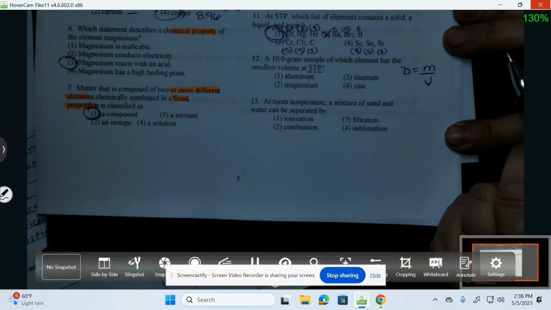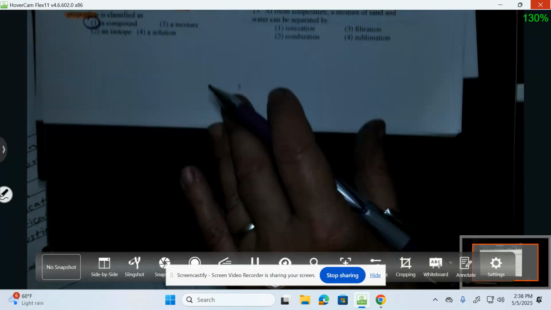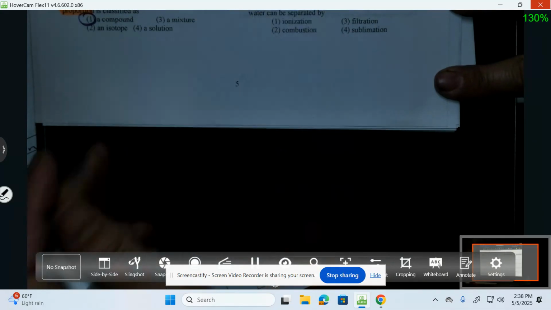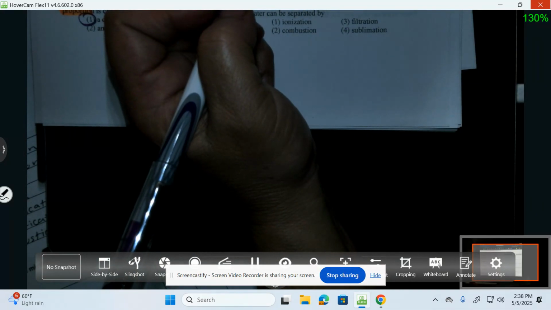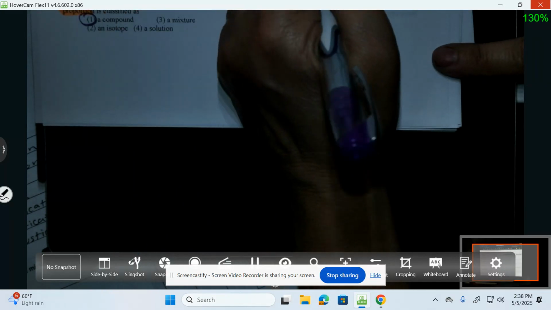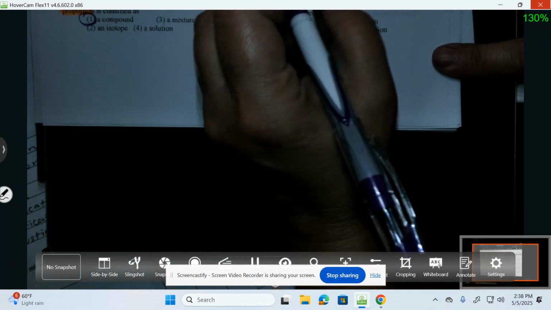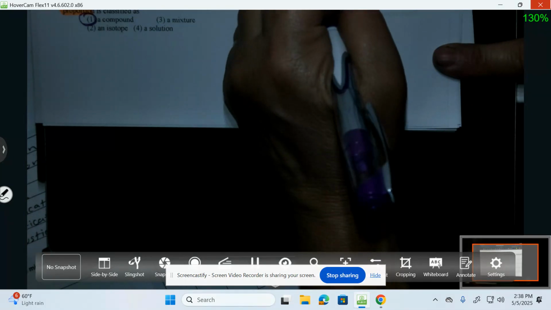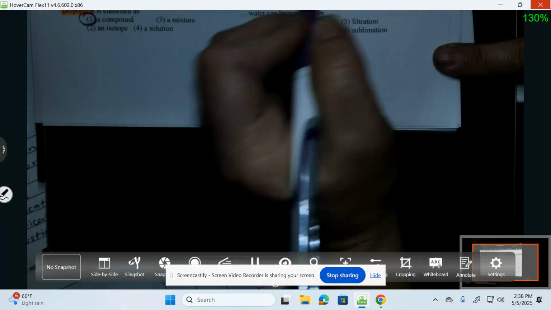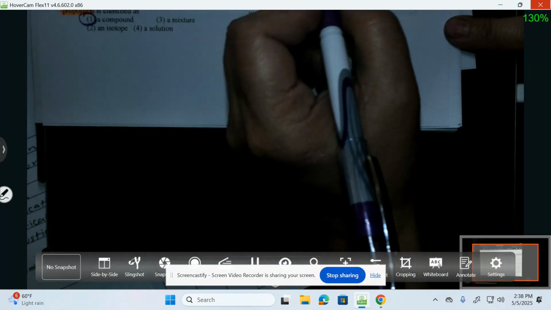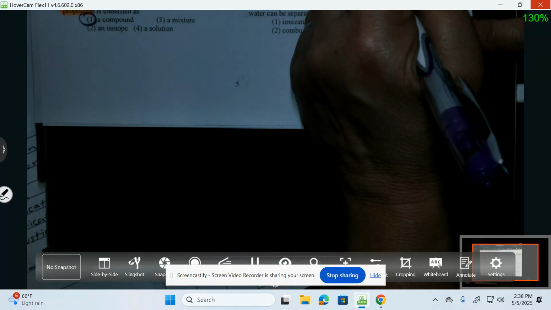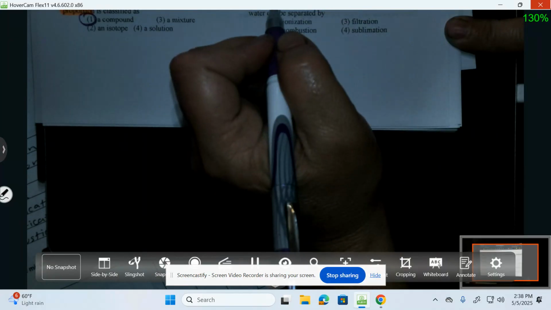So I guess we can do them all if you can't see it. Let's write the densities, right? Aluminum, what's the density of aluminum? 2.7. What's the density of magnesium? 1.74. Let's do titanium. 4.506? Okay.